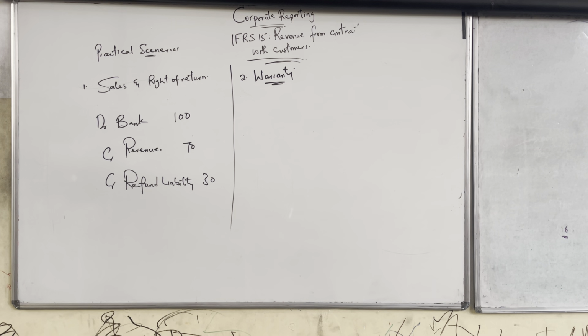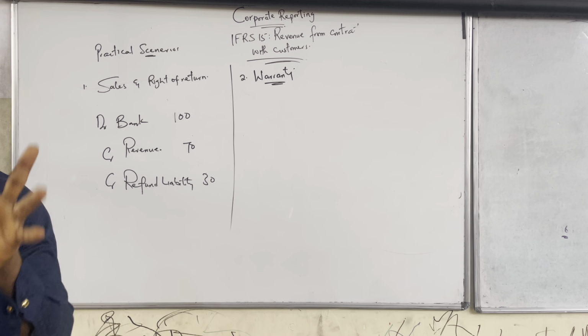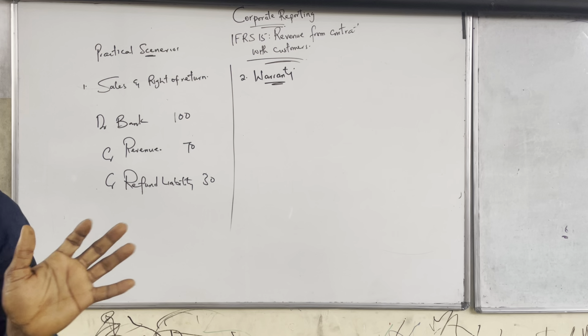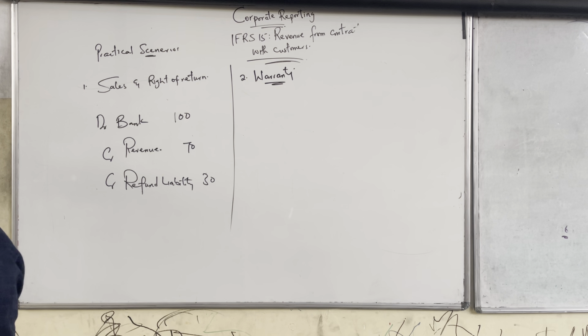Those types of warranty, or some warranties that are even required by law, do not affect your revenue at all. All you need to do is account for those warranties in line with IAS 37 provisions. You only make provisions for them.